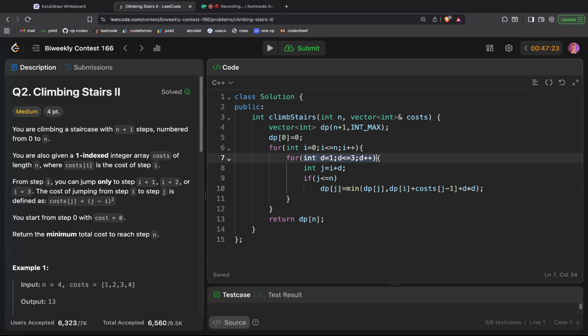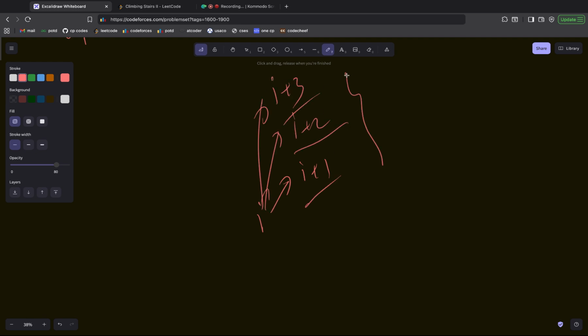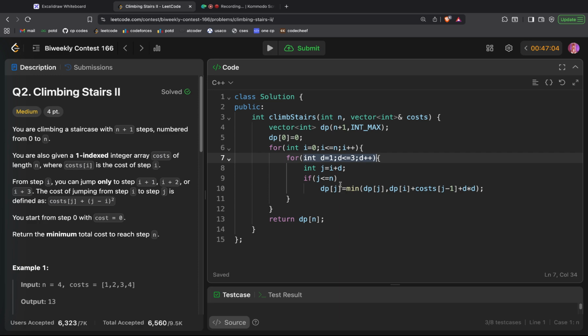Basically, if you are at i, kind of like a BFS traversal, we calculate the value for i plus 1, i plus 2, and i plus 3. That's why I'm doing d equals 1, 2, 3. If you do d amount of jumps, you arrive at i plus d, and if this is a valid state, j less than or equal to n, we use our dp relation.